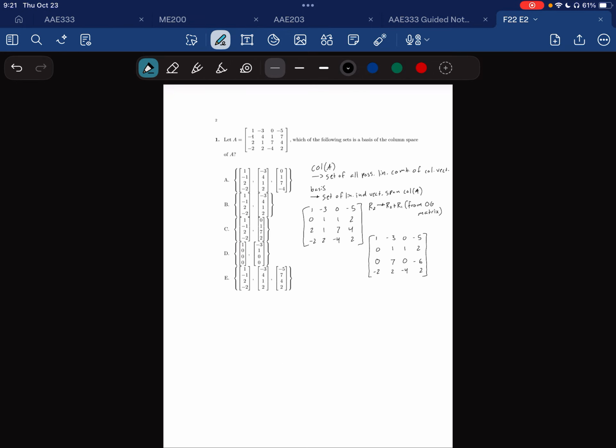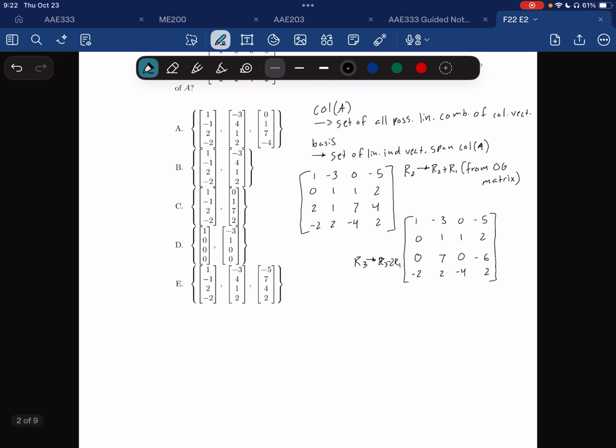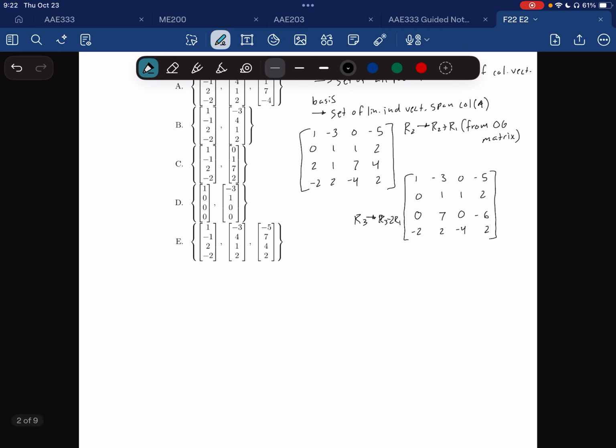Here, R3 is R3 minus 2R1, right? Let's keep going with this RREF here.